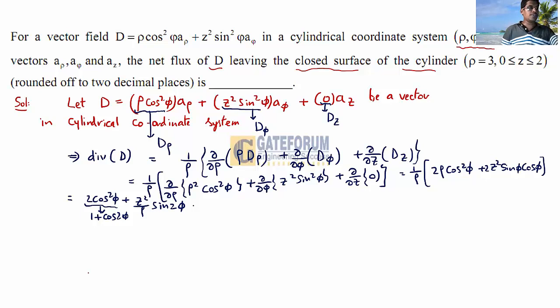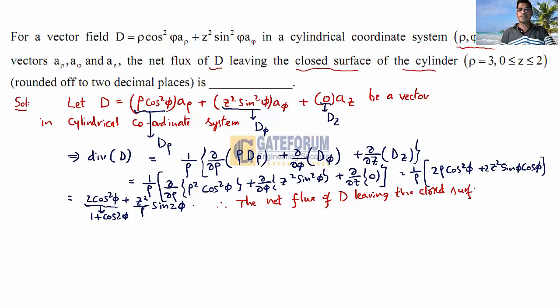the question asks for the net electric flux. Okay, no problem. Therefore the net flux of capital D, the vector leaving the closed surface, usually denoted by S, that is the cylinder, is given by the double integral over S of the vector D dot dS.